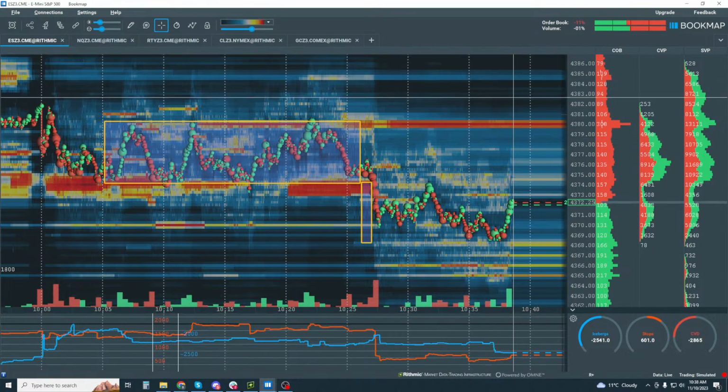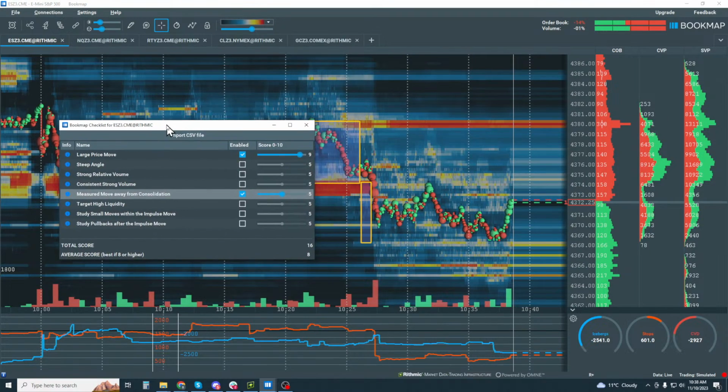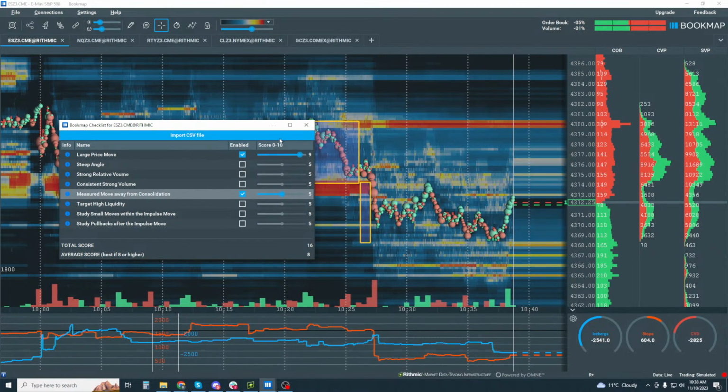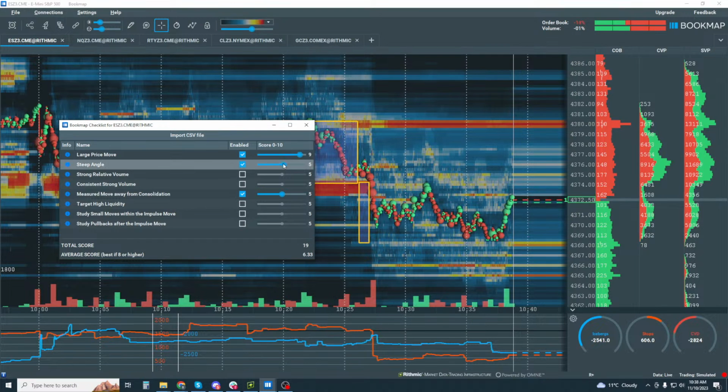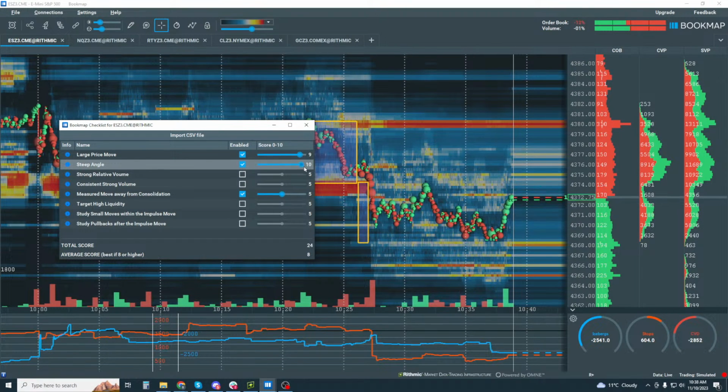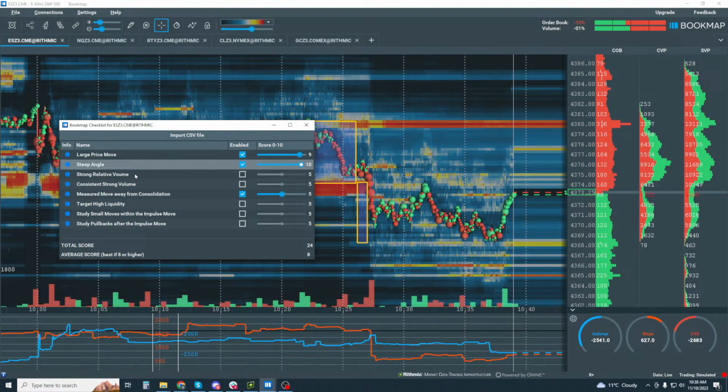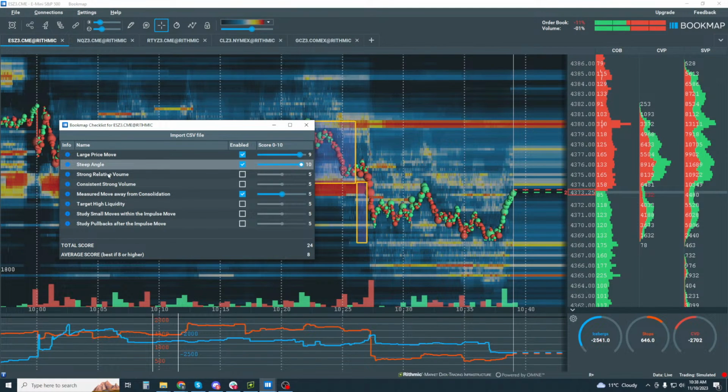All right. And then let's take a look here again at this strong move in here to the downside. We're grading these impulse moves. Steep angle, yes, we absolutely got that. Okay, that's good. In fact, we can probably even give that a 10. Is it strong relative volume all the way through? I have consistent volume here, so is it strong volume?